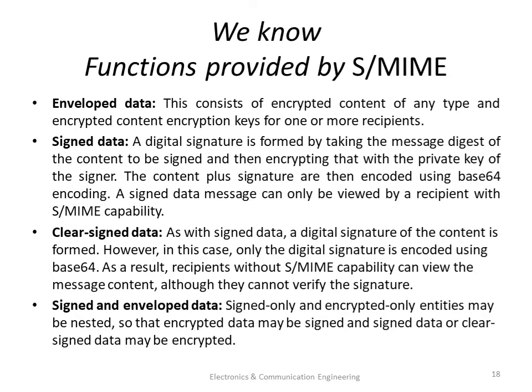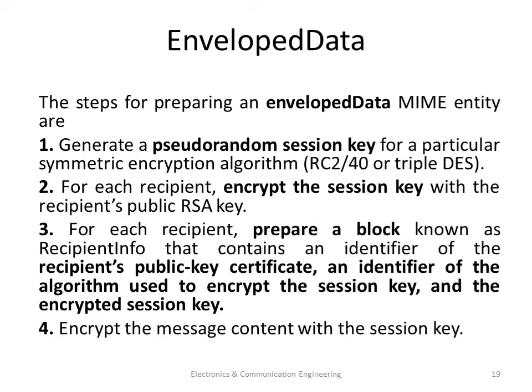When we look at the enveloped data, the steps for preparing an enveloped data MIME entity are: first, generate a pseudo-random session key for a particular symmetric encryption algorithm, that is RC2/40 or triple DES. Second, for each recipient, encrypt the session key with the recipient's public RSA key.